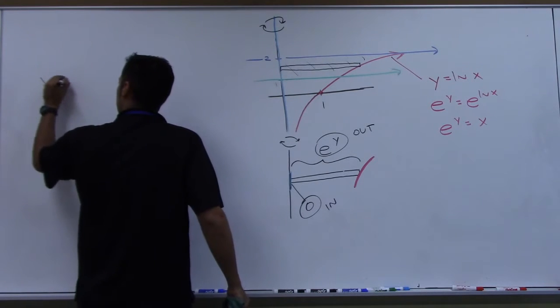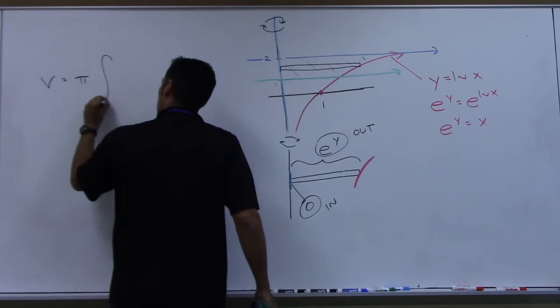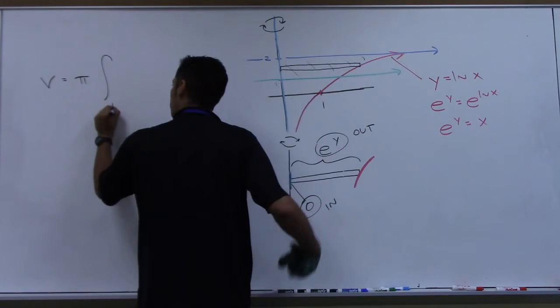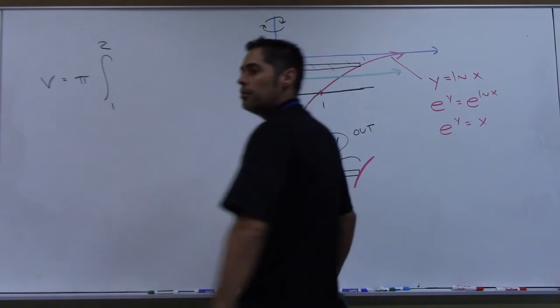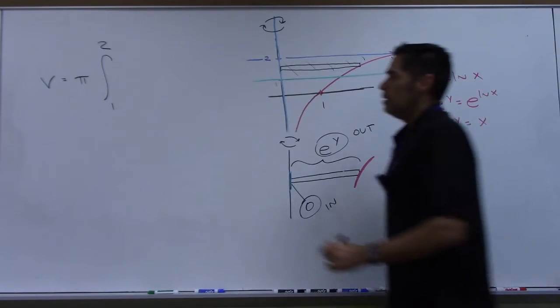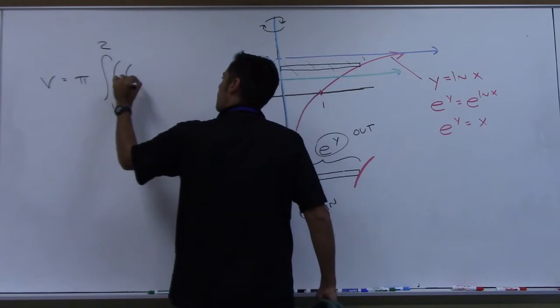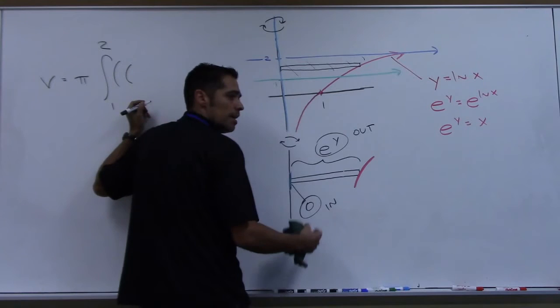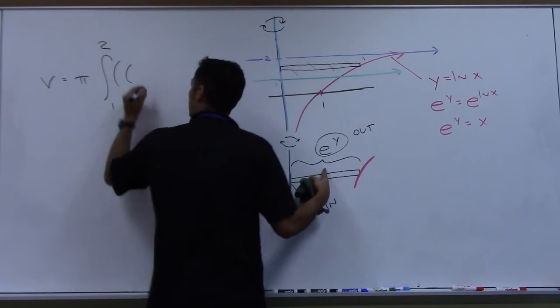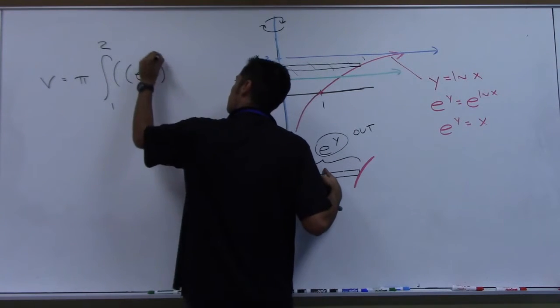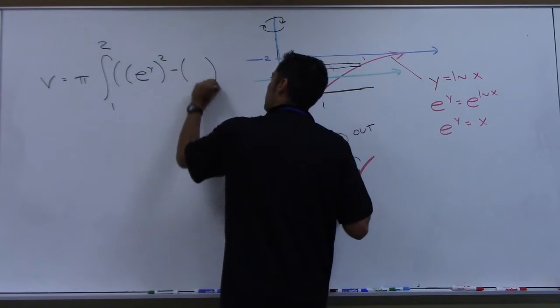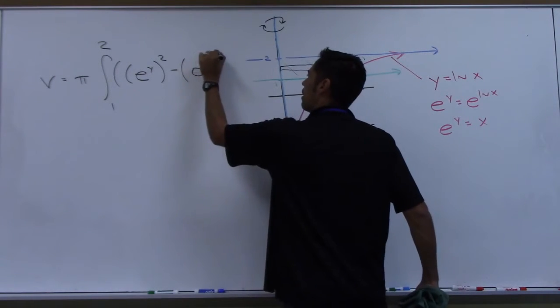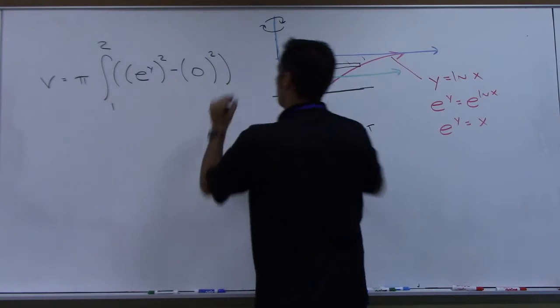The volume will be pi integral, 1 to 2, outer radius squared. Outer radius, e to the y. So e to the y squared minus the inner radius, 0 squared, and then dy.